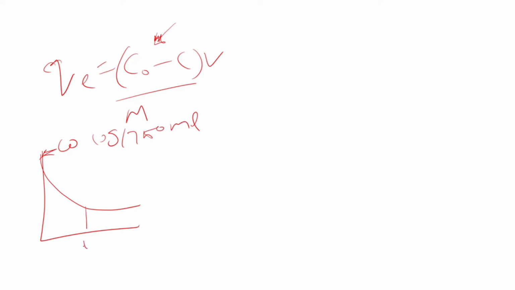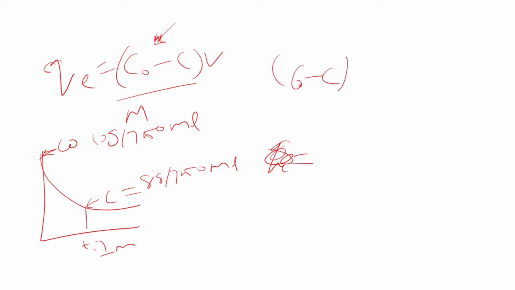Say at time t equal to 1 minute, your concentration is 8 grams per 750 ml. So the QE value will be the difference between C0 and C. So it says 10 minus 8, so this is 2 grams per 750 ml.